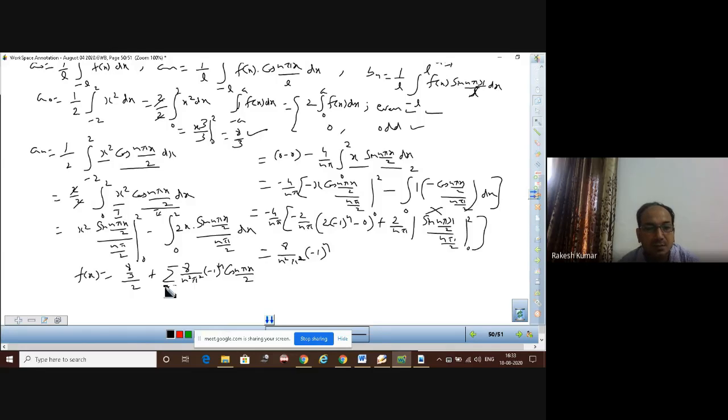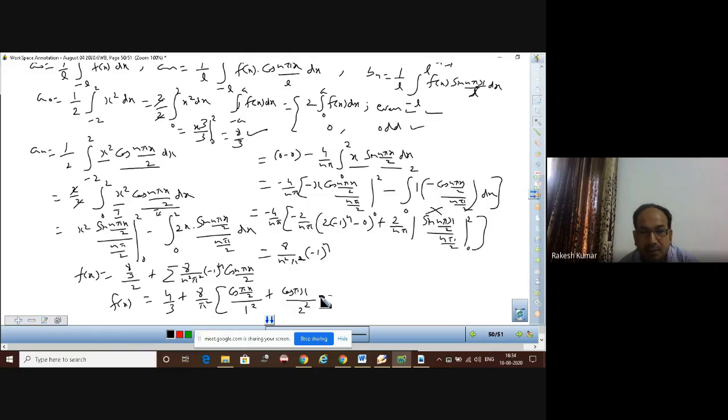So you can put the values here, that is 4 by 3, so f of x is equal to 4 by 3 plus 8 over pi square times the terms. Put the values when n is equal to 1, and you will get cos of pi x upon 2 divided by 1 square. And the next one is for n is equal to 2, where the 2 cancels, and you will get cos of pi x divided by 2 square.